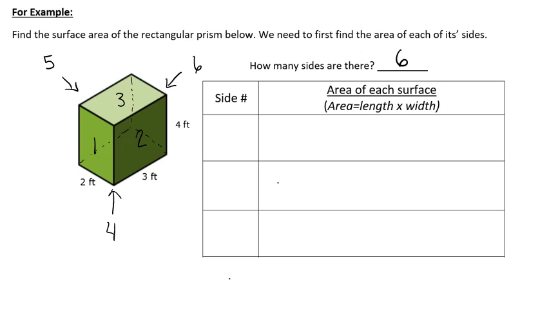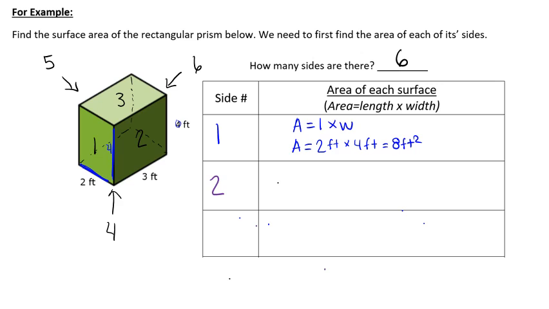So let's begin with side number 1 and let's find its area. Area is equal to length times width. Side number 1, we have 2 here, and there's 4 here, this length right here is 4. So we have 2 feet by 4 feet gives us 8 feet squared. Alright, so on to the next one.